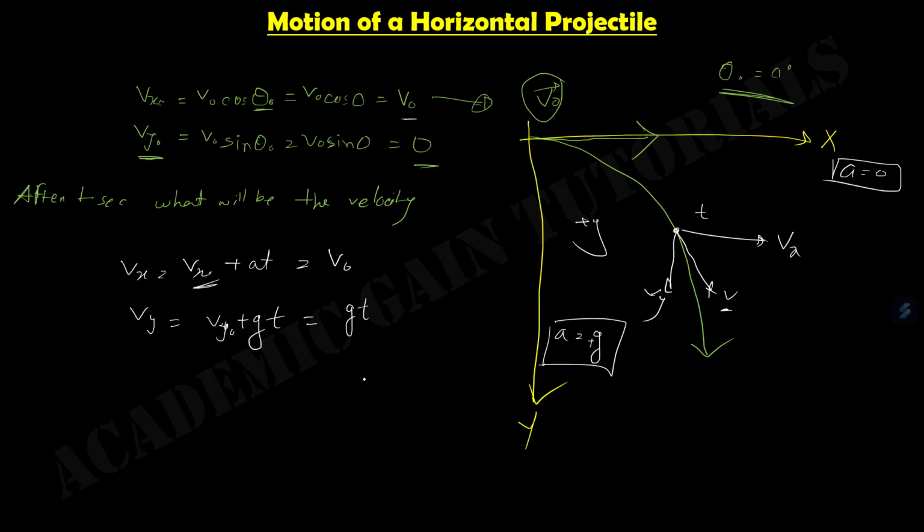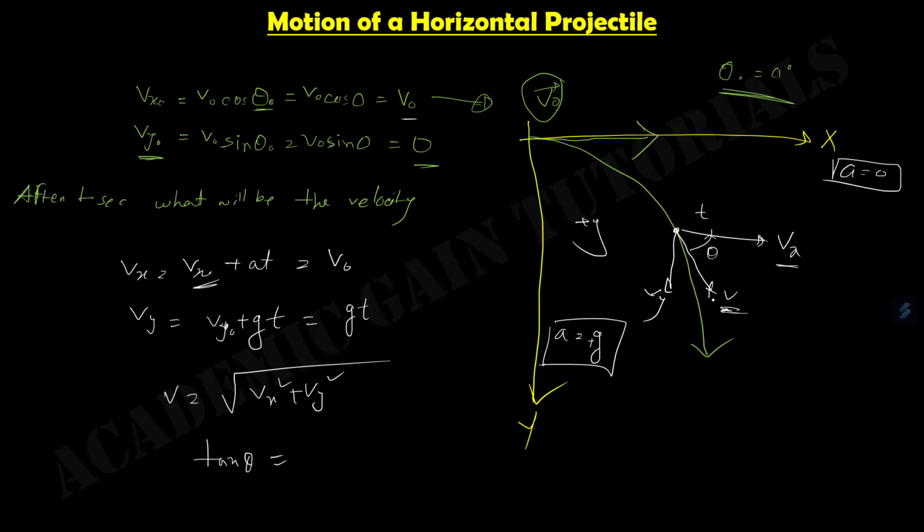If I want to find the resultant vector v with the help of these components, we can write v equals the square root of vx square plus vy square. So we found another two equations. Now what will be the angle after t seconds? It makes an angle of theta along the x-axis.